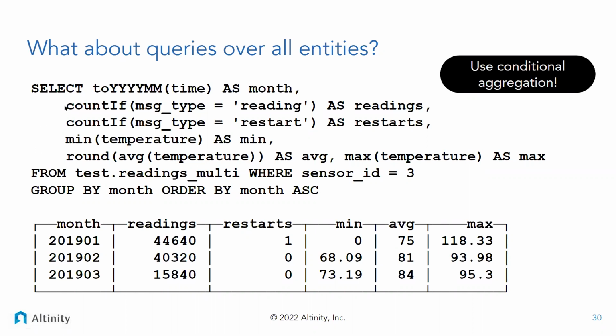ClickHouse has this incredibly cool feature called conditional aggregation, which other databases have, but ClickHouse means something slightly different. You have what's called an if combinator, and basically what it means is we're going to do a count if this condition is matched. So here, if it's a reading, we're going to count it under the column readings. If the event type is a restart, we'll count it as a restart.